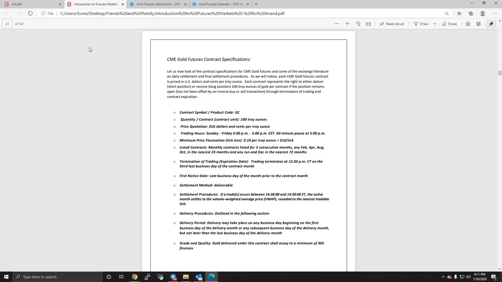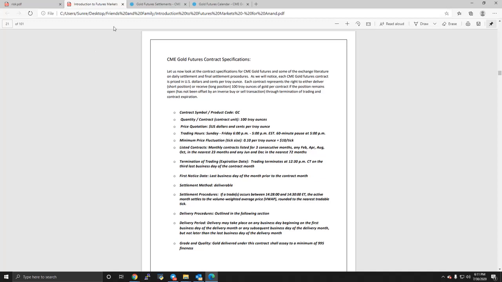It's the 31st of the month. And the termination of trading for the contract will be on August 27th, 2020, which is three business days prior to the end of the contract month.